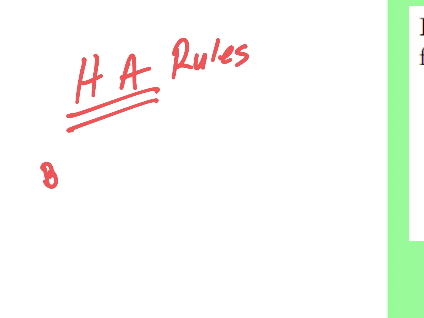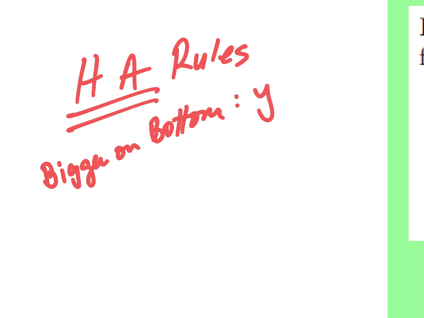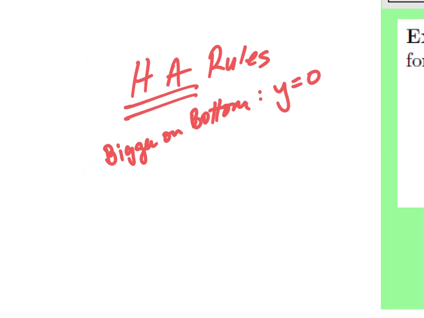If it's bigger on the bottom, then the answer is y equals 0. What are you talking about with bigger on the bottom? This one, that's an example of a bigger on the bottom. Why?